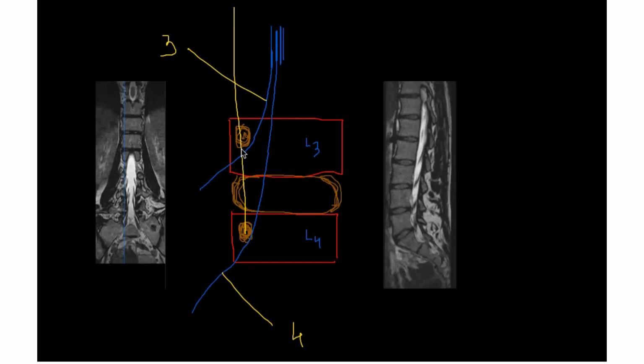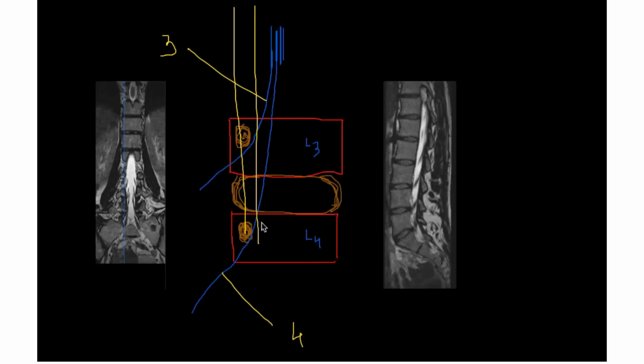And when we take a section from here, which root is coming here? That will be the traversing L4. You can see the traversing root.